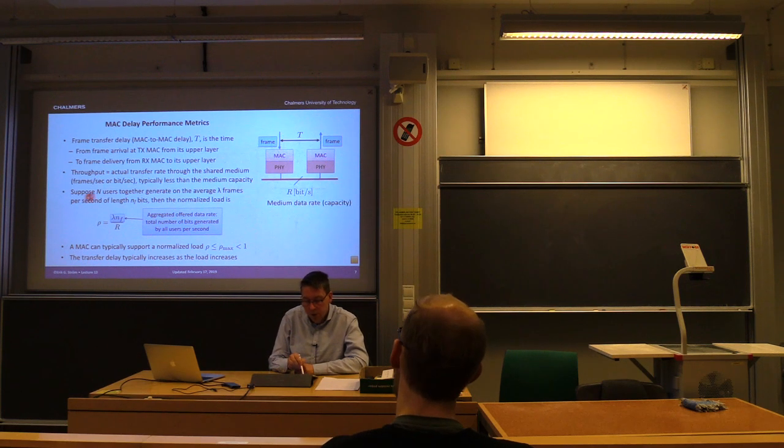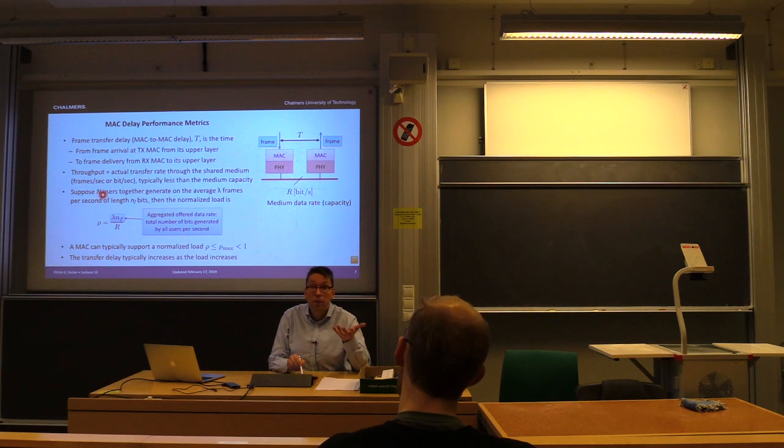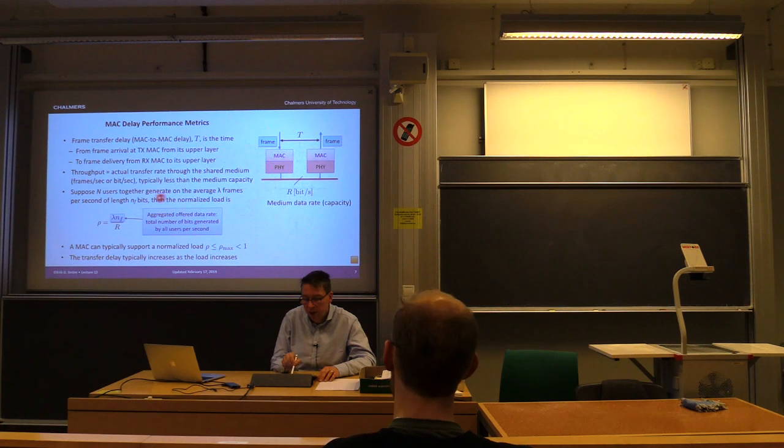So in more detail, suppose we have n users, and think of n as being larger than 1, otherwise it would not be much of a problem here. So maybe we have 10 users, 3 users, 100 users, or 1,000 users, who knows. But there are many users, more than one at least, that together generate on the average lambda frames per second, and all of these frames have n_f bits.